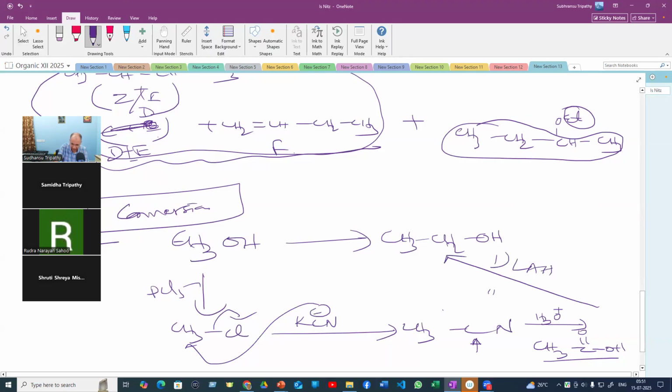Lithium aluminum hydride followed by hydrolysis will make it, because I told you aldehyde and carboxylic acid behave similarly to produce 1 degree alcohol with LAH.